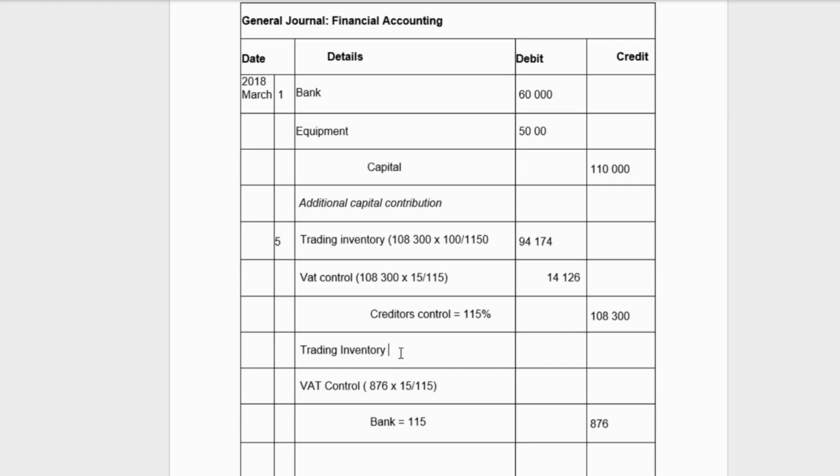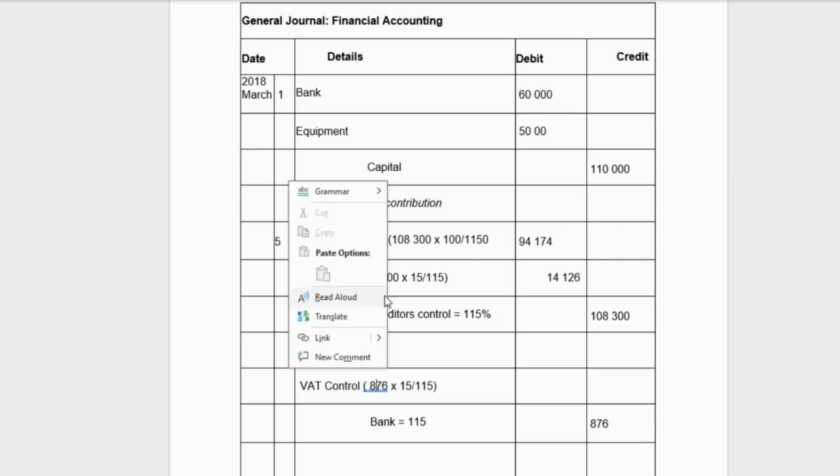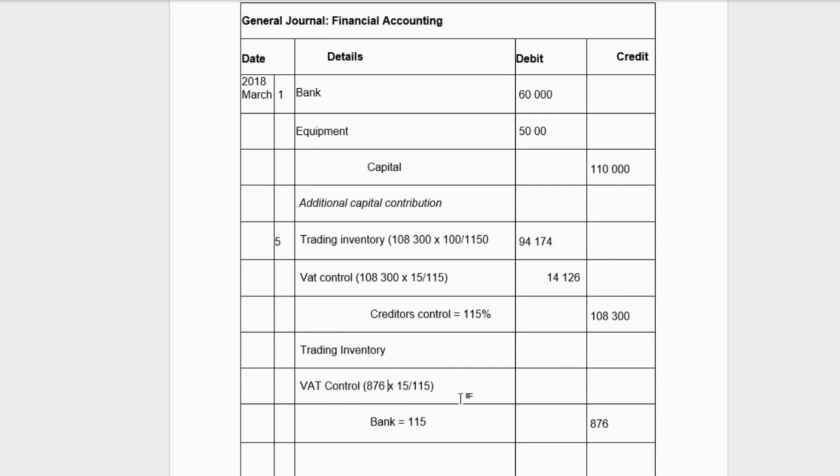And then our trading inventory is equal to 100%, so it's going to be 876 multiplied by 100 divided by 115. So how much are you getting right there?